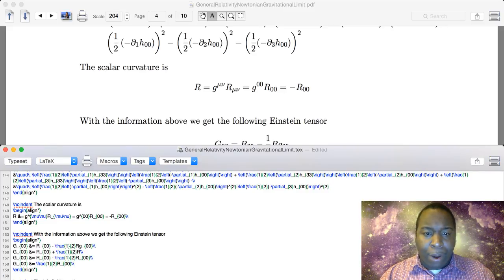The first two parts of the equation are right: R equals the contravariant metric G superscript mu nu times the covariant Ricci tensor R sub mu nu. That's good.